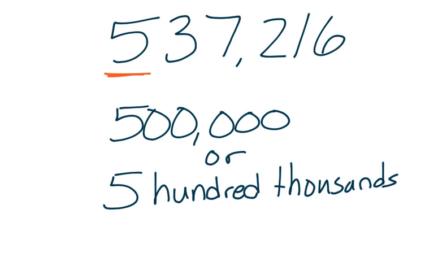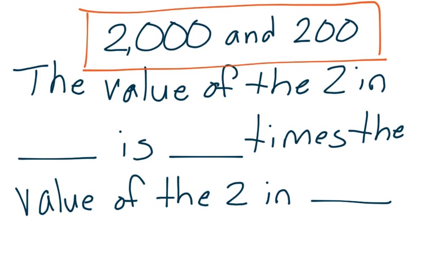Okay, now let's compare some values and see if you can tell me which number is greater than which and by how much. Okay, here we have 2,000 and 200, and we have to fill in this little riddle. So the value of the 2 in blank is blank times the value of the 2 in blank.